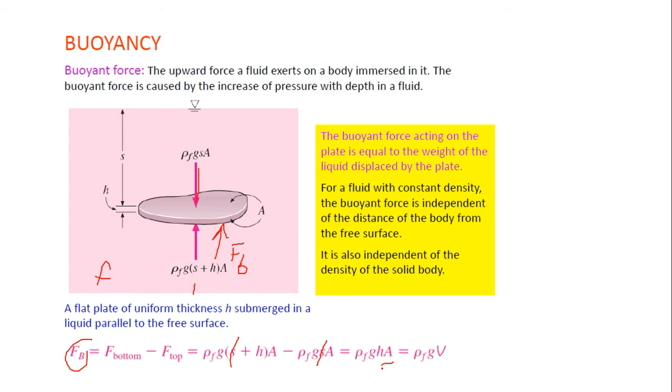And this HA can also be translated into a volume, rho gV, because it equals the volume of fluid displaced, which is this principle. So you have the formula: the buoyant force equals rho gV. That's how you calculate and find your buoyant force. So this is the theory. When you look at the example, you will understand more how to calculate the buoyant force. Alright.